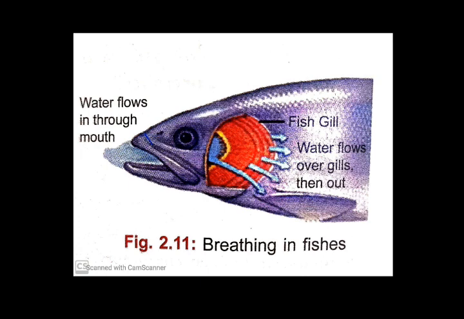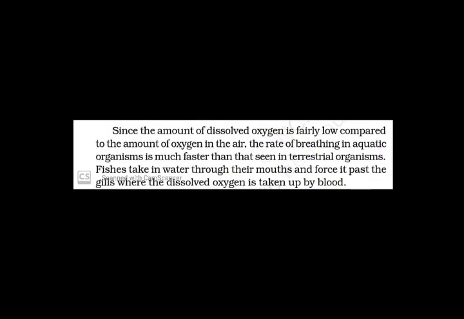Because they are not getting atmospheric oxygen, they need to take the dissolved oxygen, and that is why the breathing rate is faster in aquatic organisms as compared to terrestrial organisms.